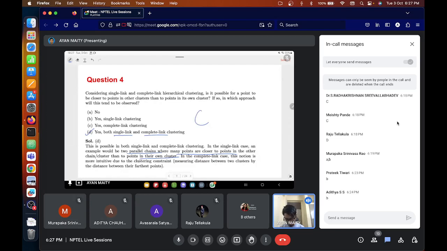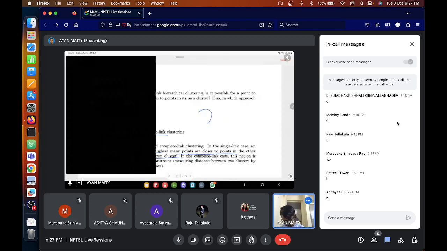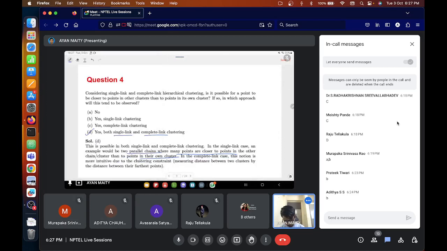So if this is one cluster and this is another cluster, we use these 2 points. Let's consider it like this.